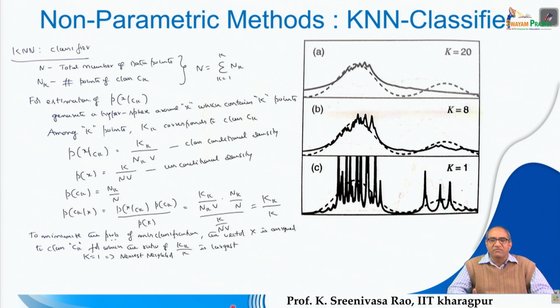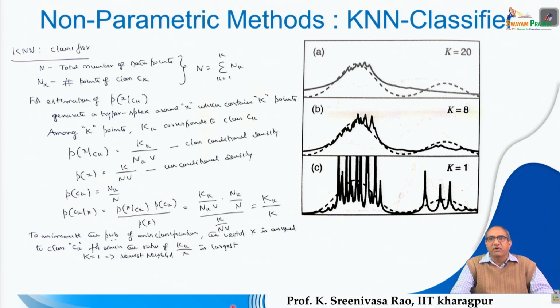If the density is high, that is if many points are clustered in a vicinity, the enclosed volume will be smaller. If the data points are very sparse, then to get k points within the enclosed area the volume will be increased. So k is used as a parameter and is fixed, and the volume is varied to get k data points.